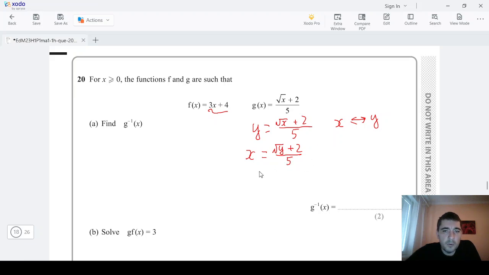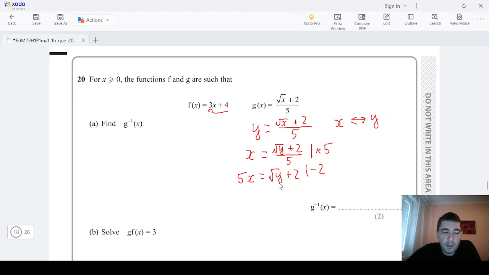Now all we have to do is make y the subject. So times both sides by 5, we get 5x equals square root of y plus 2. Now take 2 off both sides.